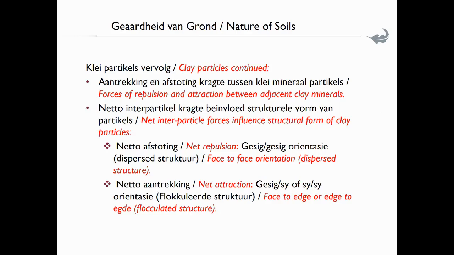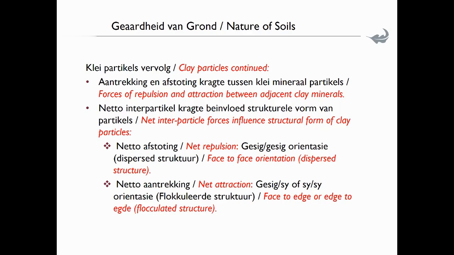Then you have forces of repulsion and attraction between adjacent clay minerals. The net interparticle forces influence the structural form of the clay. So if you have net repulsion, you have face-to-face orientation. This is known as a dispersed structure. So the flat parts of the sheets are combined or attracted to each other.